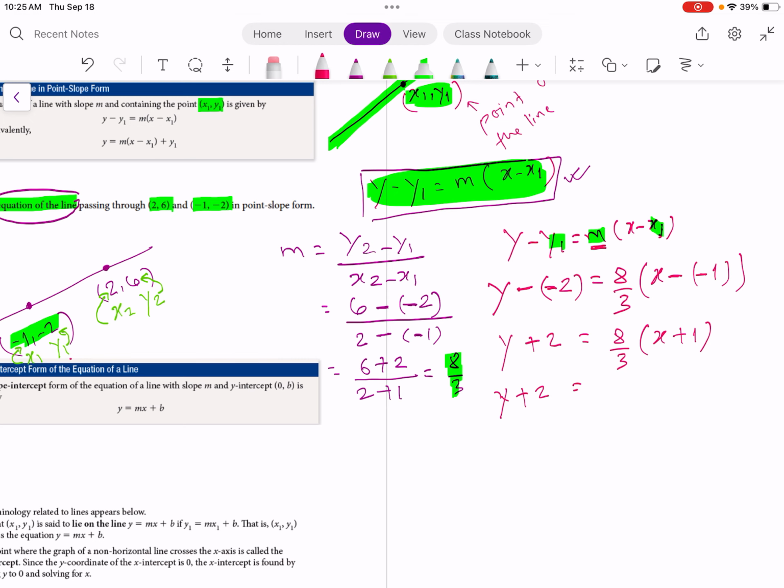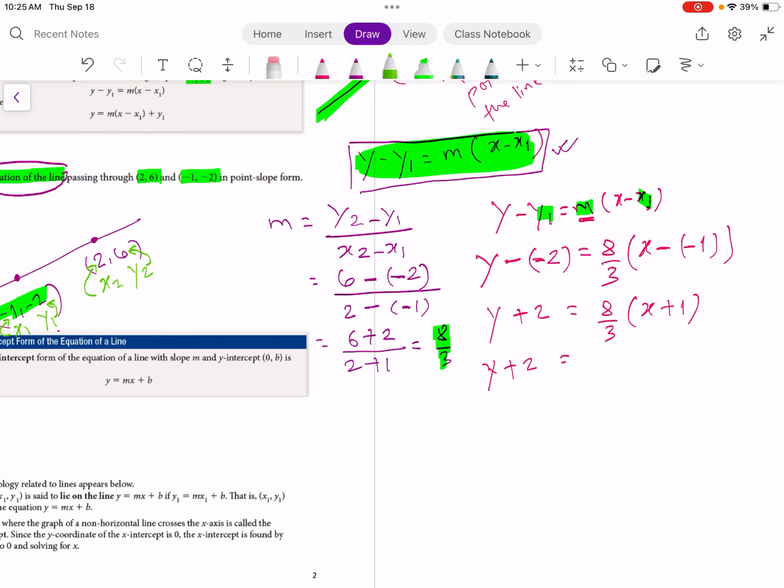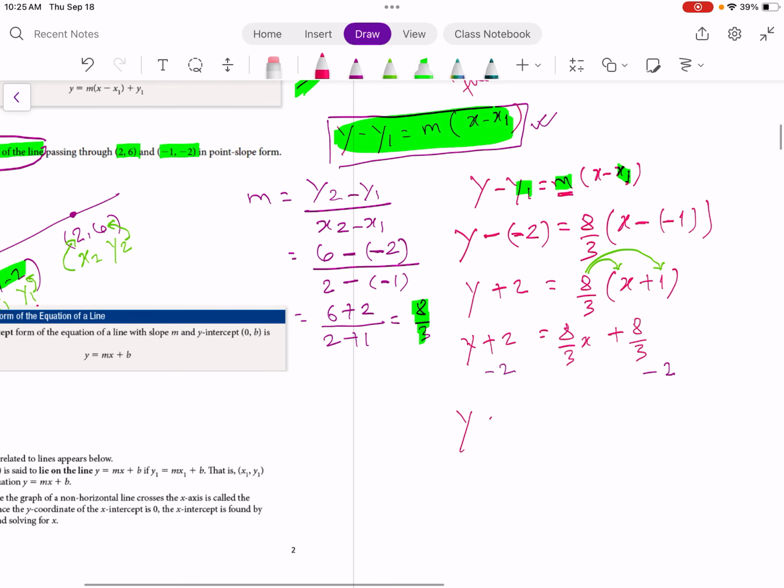We distribute 8/3 to x and to 1: 8/3 times x is 8/3x, and 8/3 times +1 is +8/3. We are solving for y, which means we subtract 2 on both sides. So we have y equals 8/3x plus 8/3 minus 2.